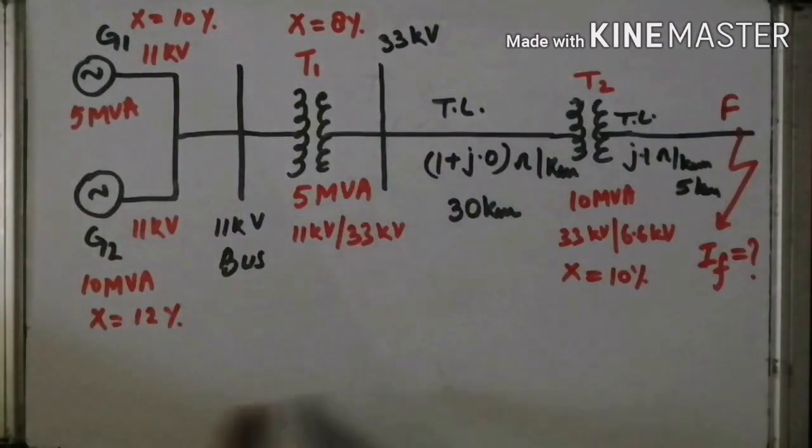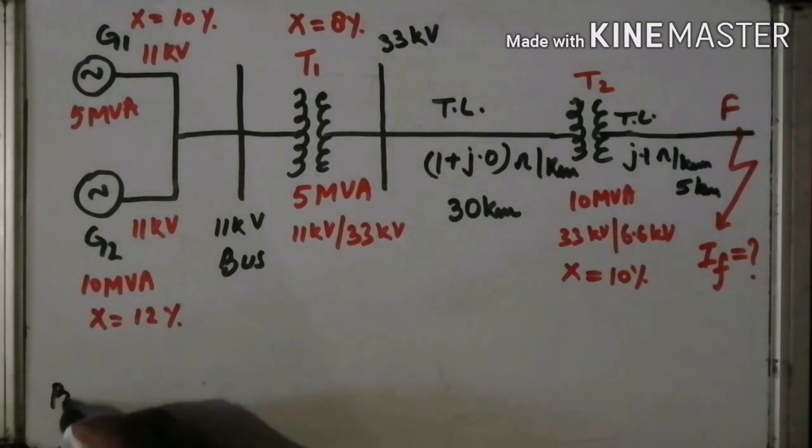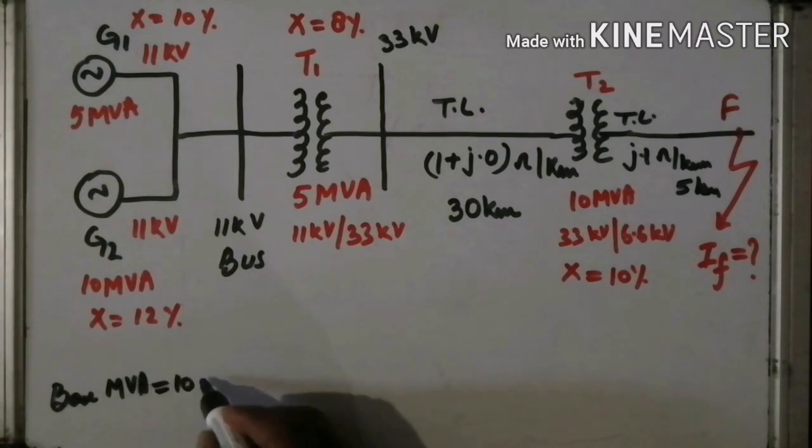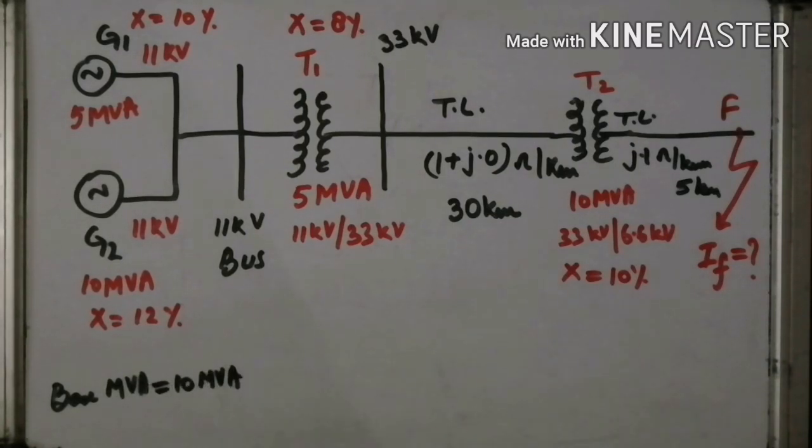Now I'm going to convert this single line diagram into the reactance diagram. Before that, it is necessary to assume base MVA is 10 MVA and base kV is 11 kV.